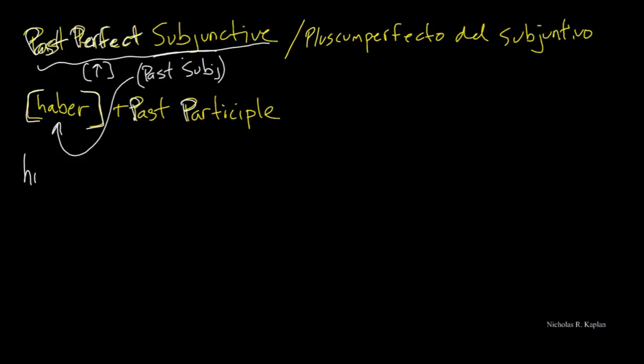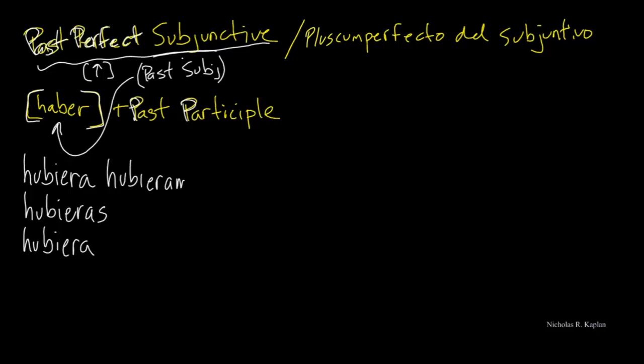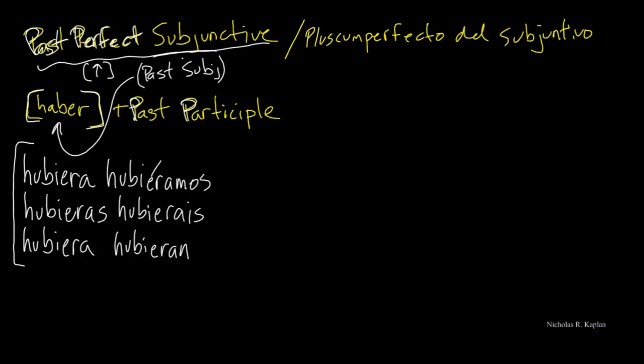So we have HABER in the imperfect subjunctive, and note that there is one written accent right about there on the we form. And then we're going to take some past participles.